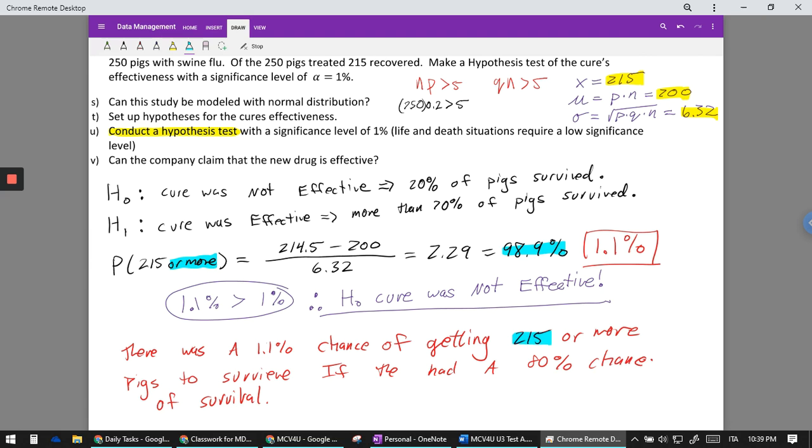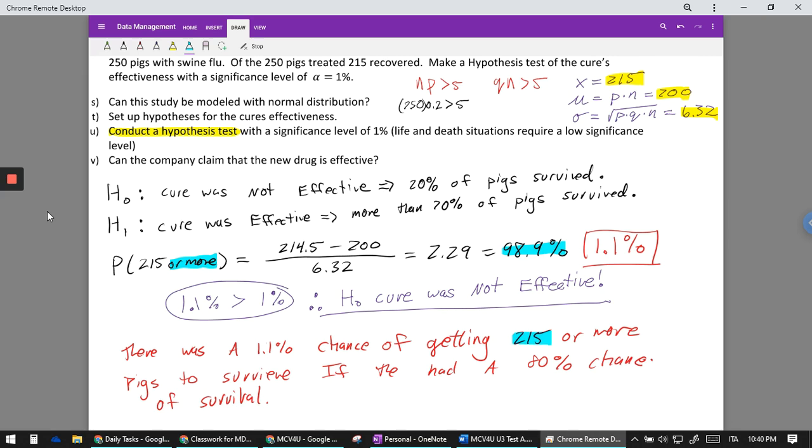It's legitimate. It's what happened. And so therefore the cure did not change the 80% chance of survival. The cure itself did not change the 80% chance of survival.